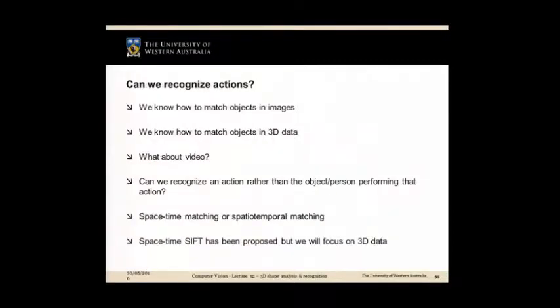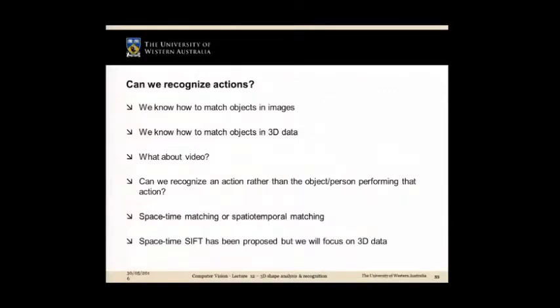Okay, so you can recognize an object in a scene. You can detect an object in a scene. What else can we do? You can match objects in 3D data. So can we recognize action in a scene?